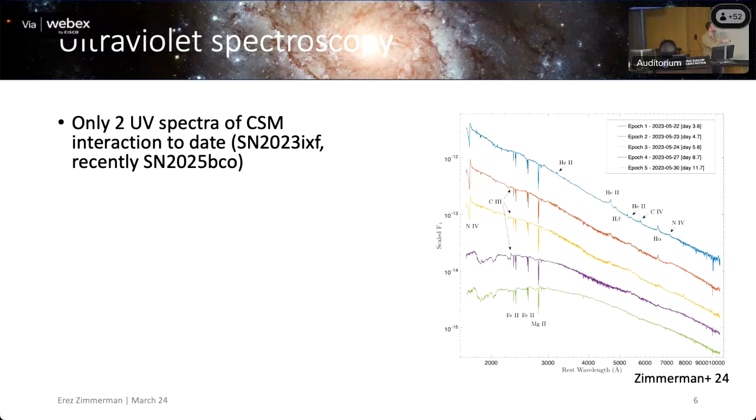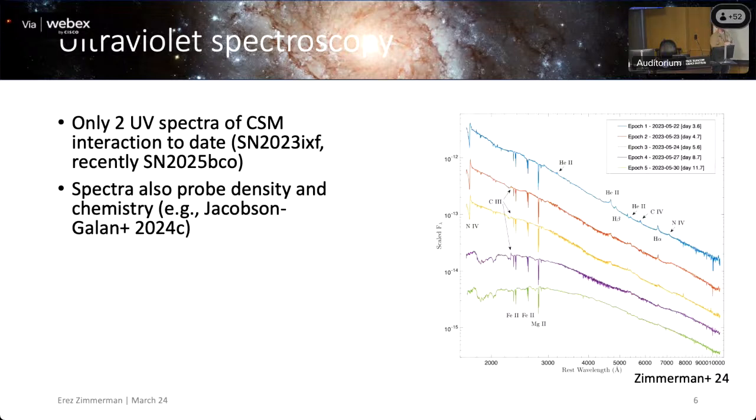So we can see that while we have the narrow lines from the CSM, the flash features, we can still see the narrow lines in the UV, and we actually have lines developing as we get more spectra in later phases and developing while we have photospheric features.